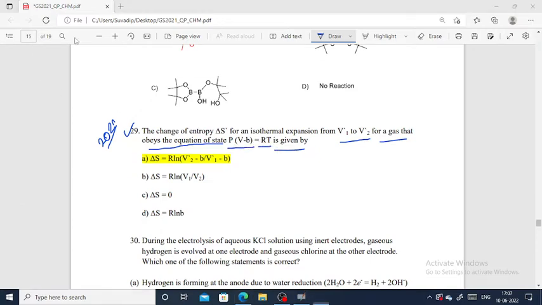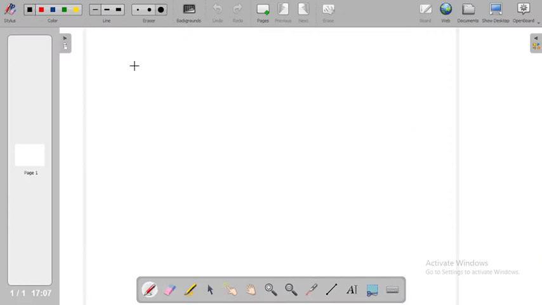We know that delta S is defined as dq reversible by T. From the first law of thermodynamics, dU equals dq plus dw, so dq will be dU minus dw.